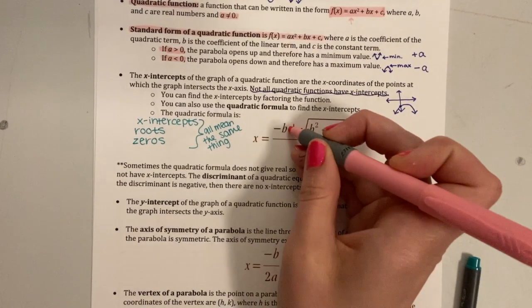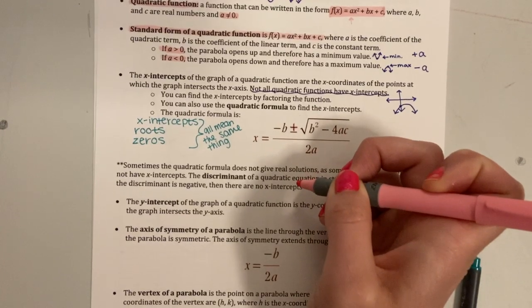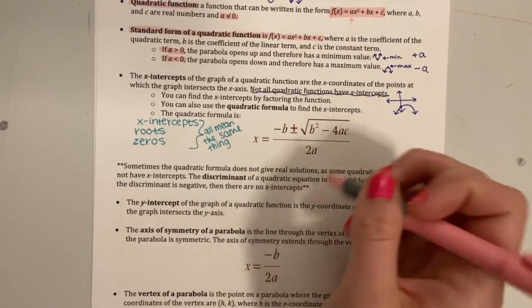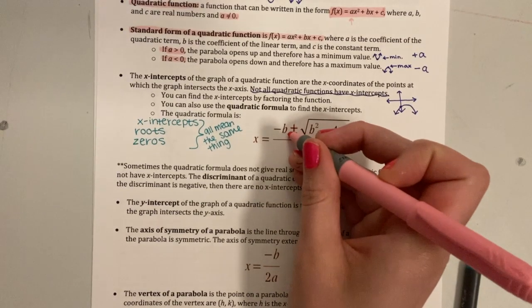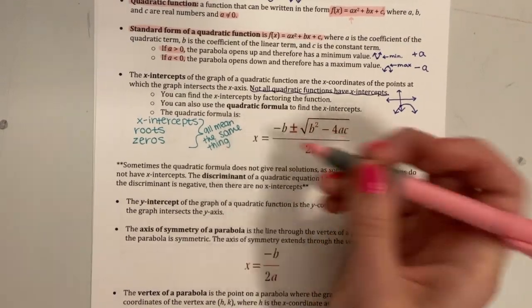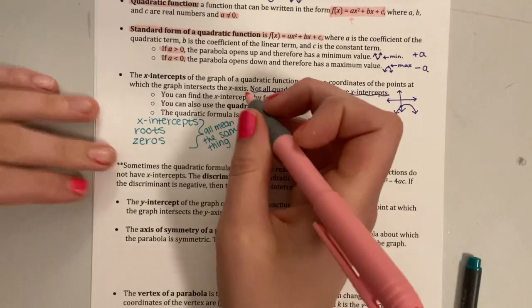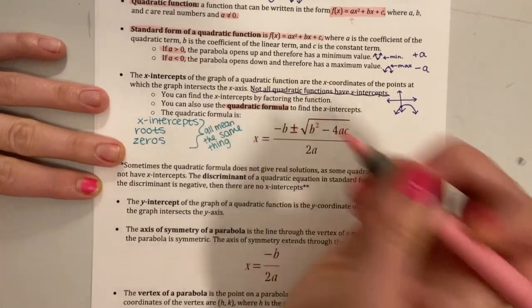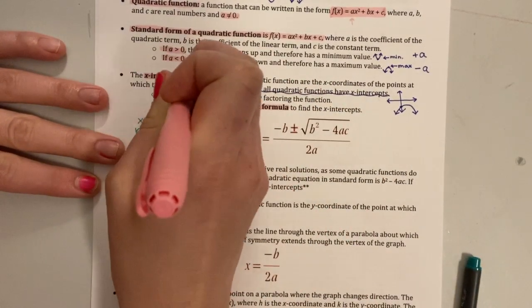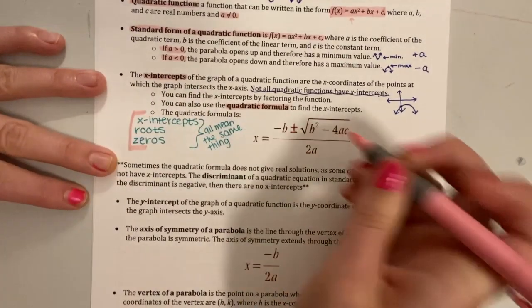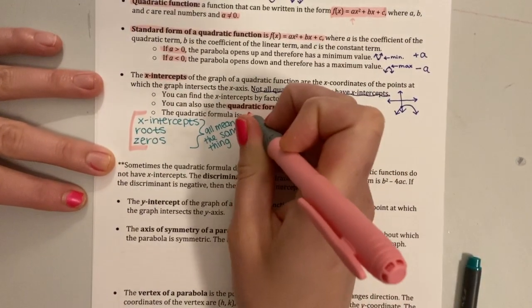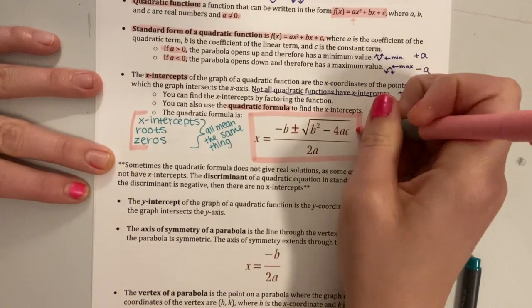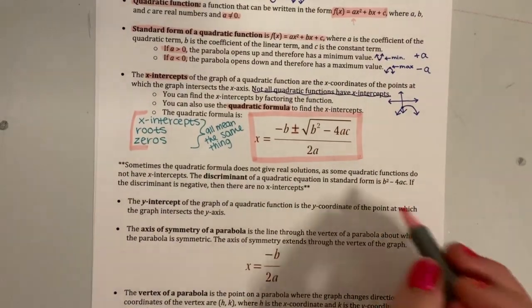One of the times you use a plus sign here, and that'll give me one x-intercept. And then you do this formula again, and you'll use the minus sign, and that'll give you the other x-intercept. So this is our quadratic formula. We have our x-intercepts, which is this.